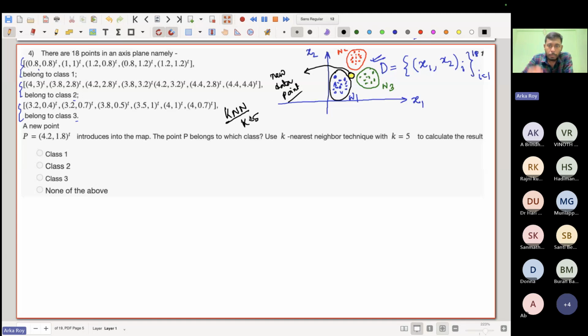So that means at the time of inference, or at the time of this new point insertion, this new point is P. When you insert this particular new point into the data set, you have to calculate the distance from all the data points, from this point, this point, this point, from all the data points.